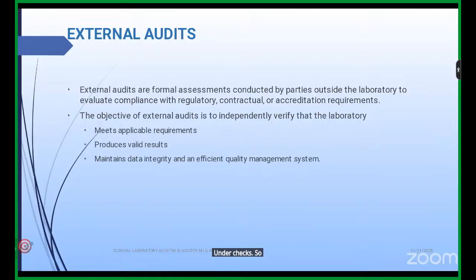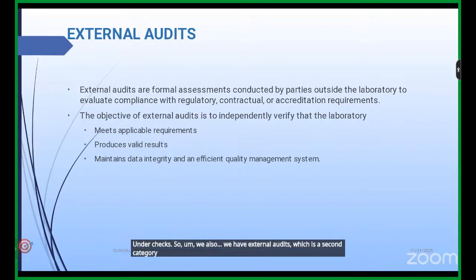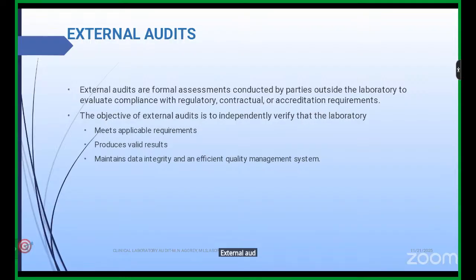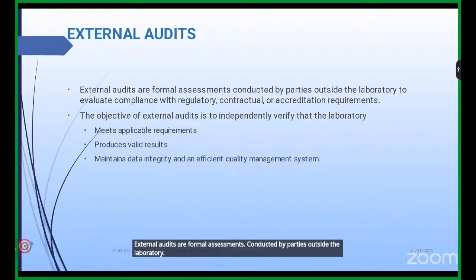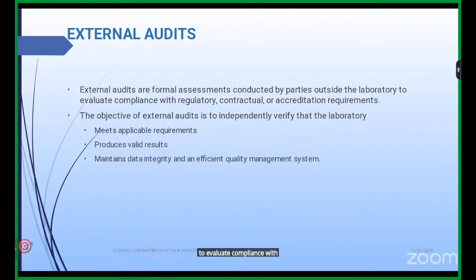So we have external audits, which is the second category of audits. External audits are formal assessments conducted by parties outside the laboratory to evaluate compliance with regulatory, contractual or accreditation requirements.